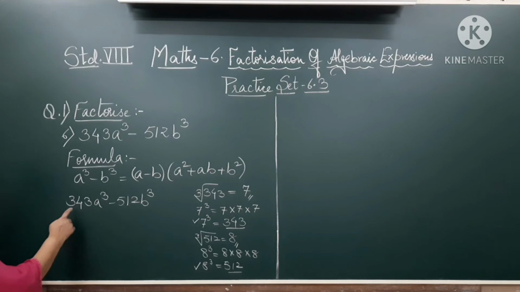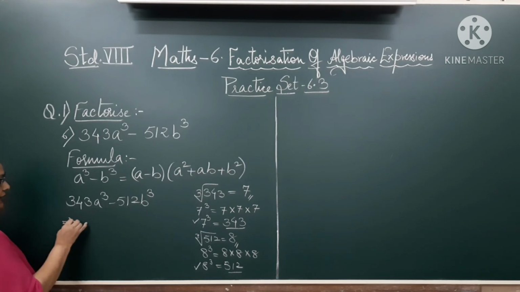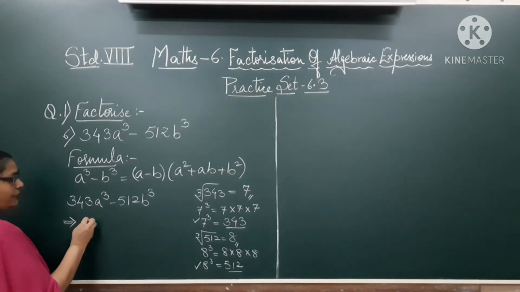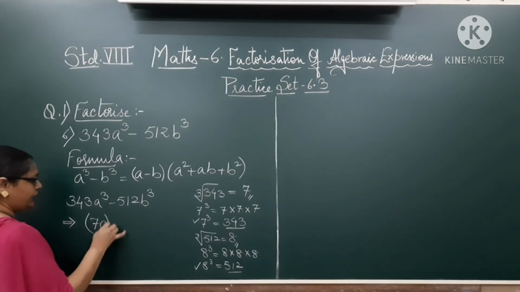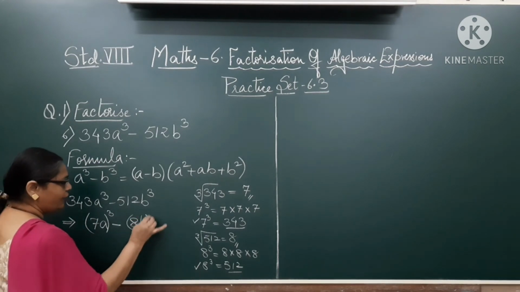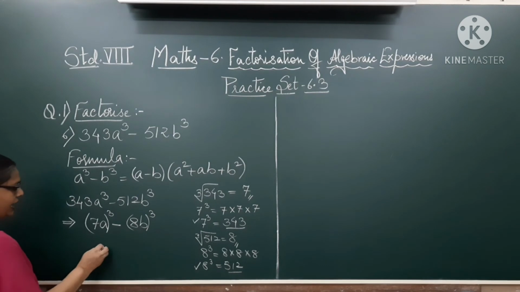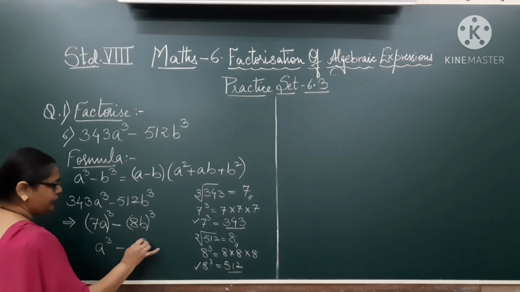So now 343a cubed minus 512b cubed can be written in the form of (7a) the whole cubed minus (8b) the whole cubed. So this is in the form a cubed minus b cubed, right?